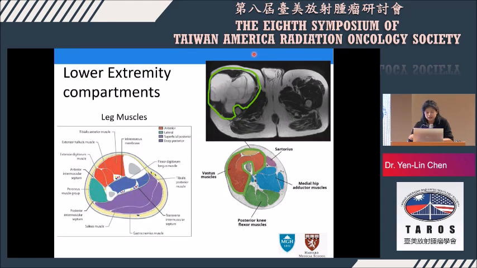Okay, so this particular case that we just saw involved the anterior compartment of the leg, and so an anatomically constrained CTV would stop right here at the bone, but come up to the edge of the fascial compartment.